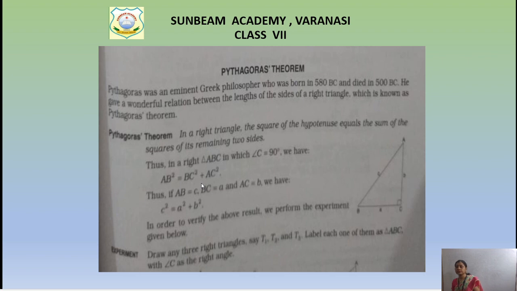Its name is, children, Pythagoras theorem. And what it says is that in a right angle triangle, the square of the hypotenuse is equal to the sum of the squares of its remaining two sides. Okay, one by one I will show it to you.